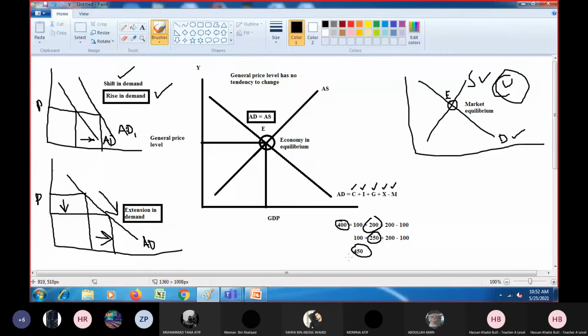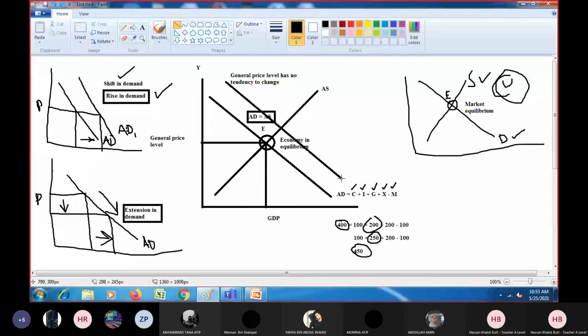So in the diagram, we'll show it with a shift, okay? Because it is happening because of a change in any of these components. Remember, consumption, investment, government, export or import. So whenever any one of the components changes or all of the components change, we always show it in a diagram by drawing another aggregate demand curve toward the right side, because demand is increasing.